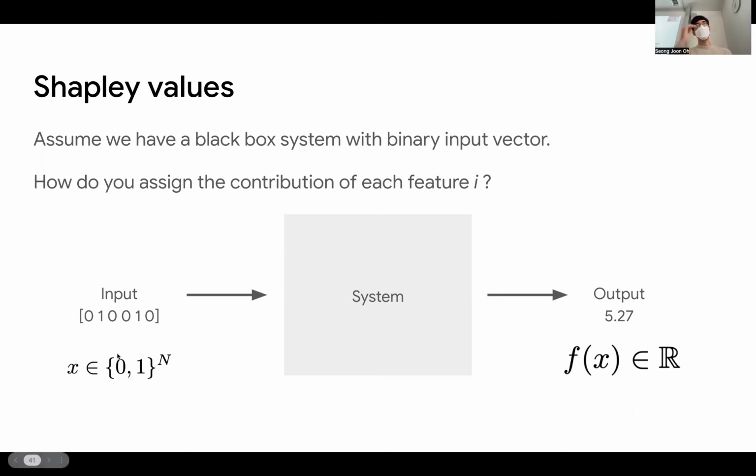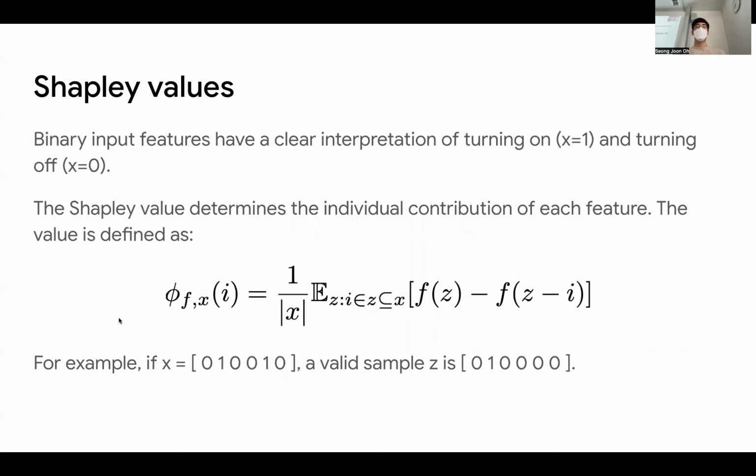So in a sense, your input is kind of a subset of a given set, where zeros and ones indicate the membership to this subset for each element in the original set. So Shapley values takes binary inputs. That means turning on and turning off, depending on whether it's 1 or 0.